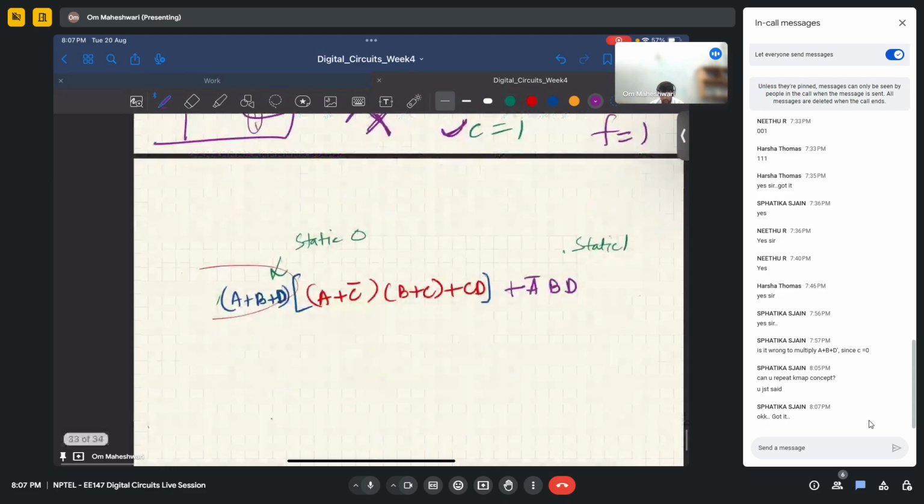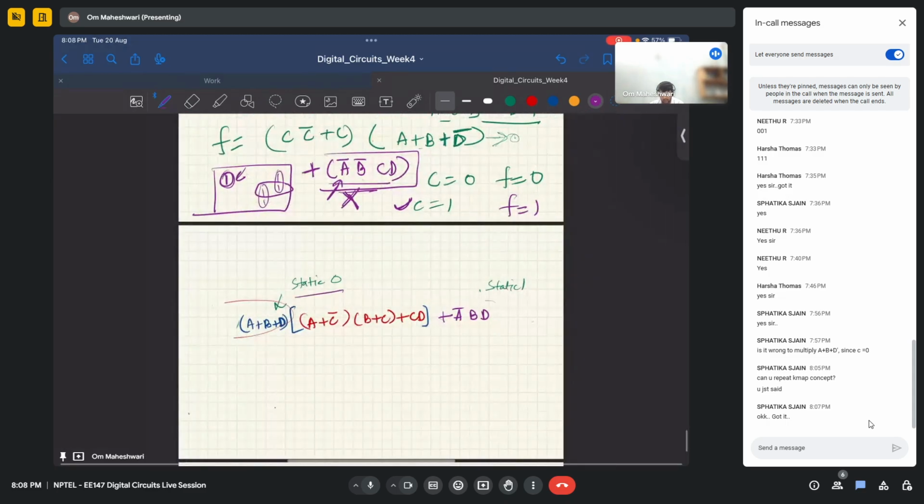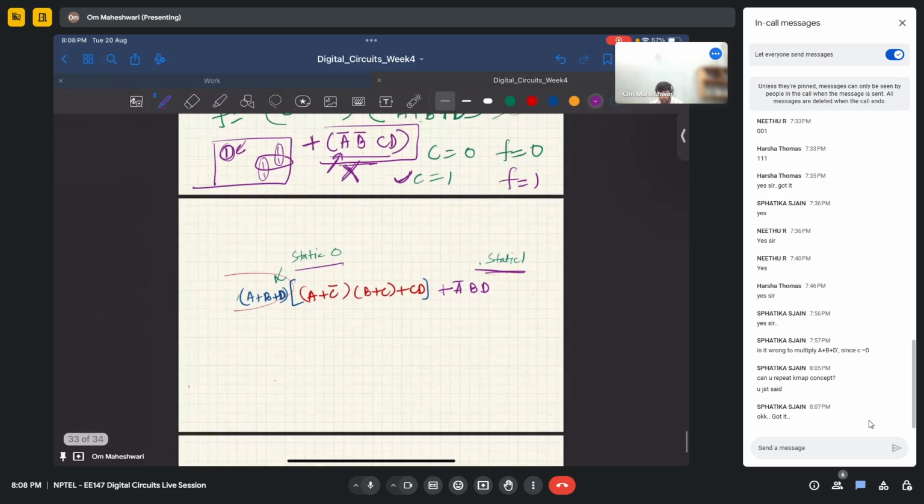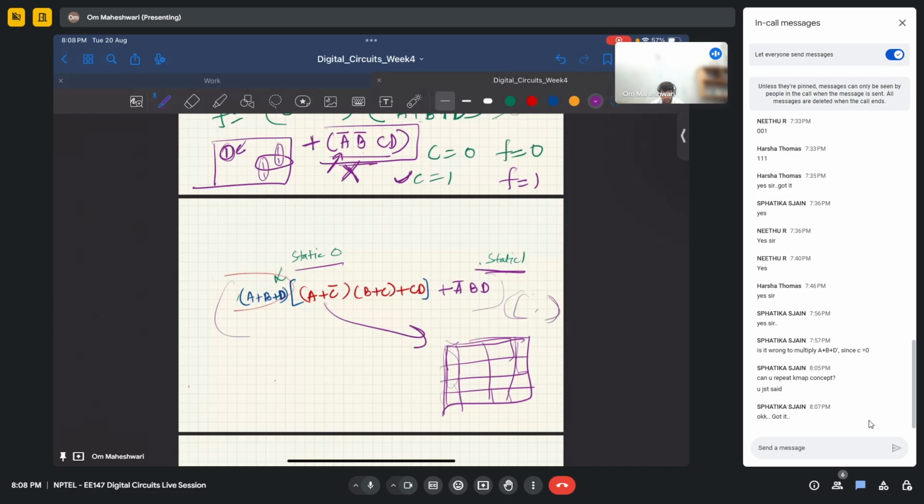So what you guys can do is, for static zero and static one we have seen. For dynamic, just make the K-map and do this expression and just form the group so that no adjacent ones are left ungrouped, and then see what you are getting. So the total expression, whatever is left in this, we will get the answer is that.